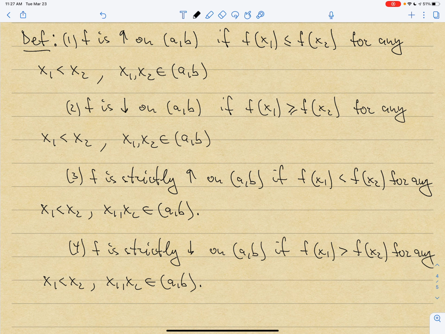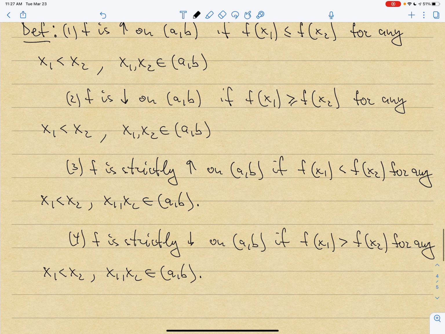So you don't need the derivative to introduce this definition. Rather, the statement about derivative is a consequence of these definitions and differentiability of your function.